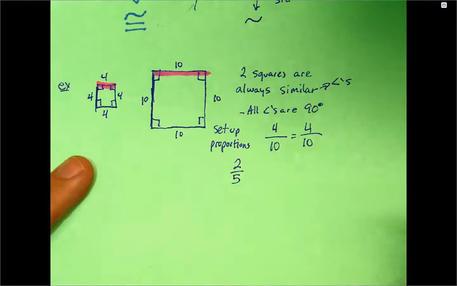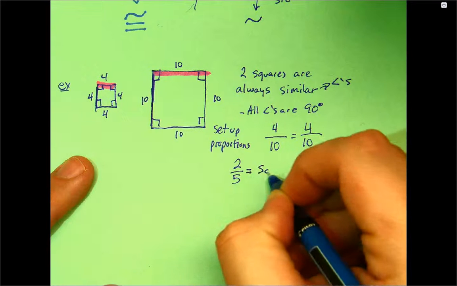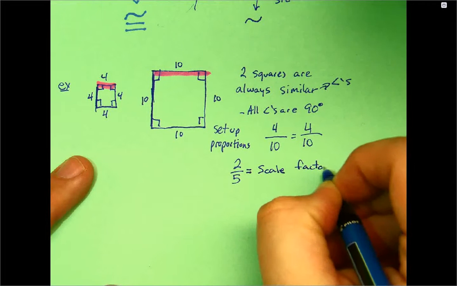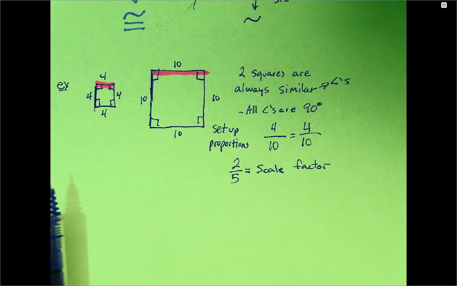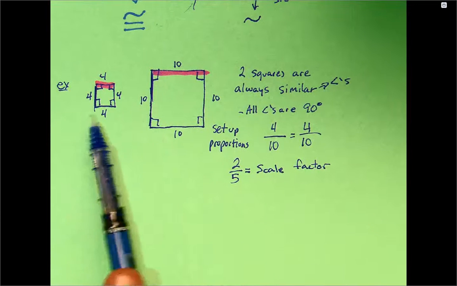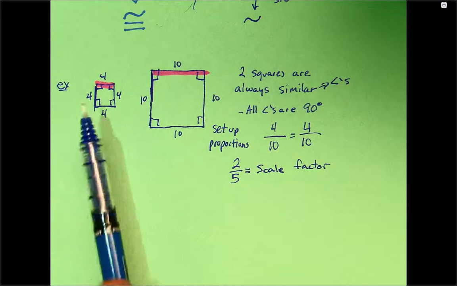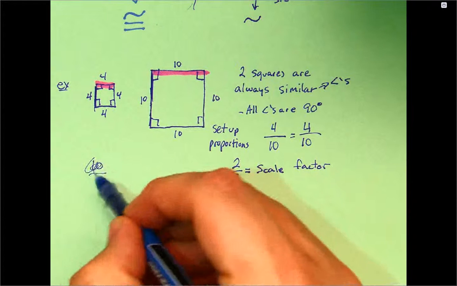And this is actually called a scale factor. And in all of these cases, the similar shape is, if I took 10 and then multiplied it by 2 over 5.